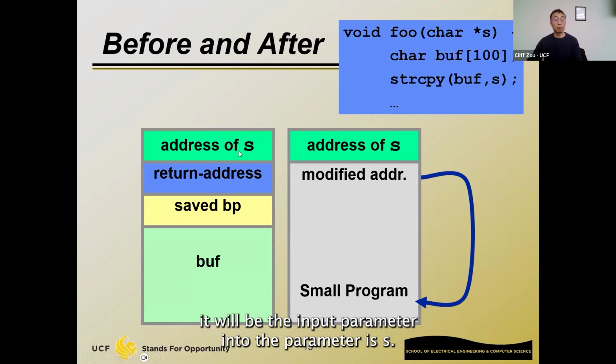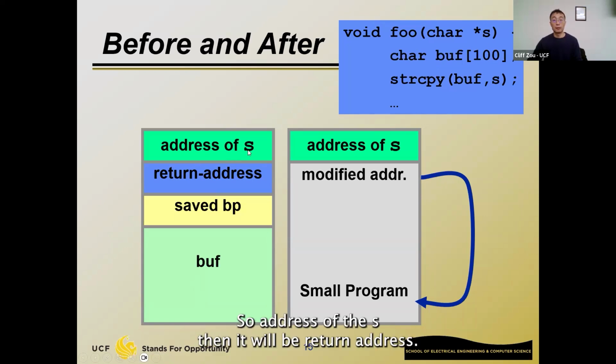First there is the input parameter, the address of S. Then the return address. Then the saved BP pointer. Then the local variable. For this full function, we only have one local variable, buff.